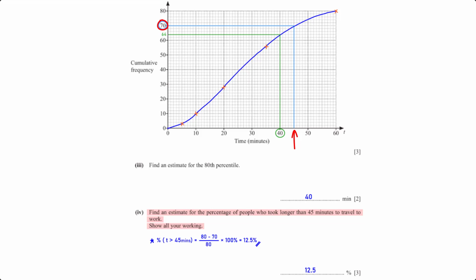This represents the number of people who took 45 minutes or less. So to get the number of people who took longer than 45 minutes, we subtract 70 from 80. So the percentage is 80 minus 70 divided by the total number of people, which is 80, times 100%. This gives us 12.5%.